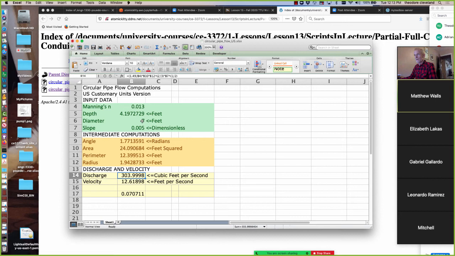And 7-foot diameter pipe at 4 feet deep still produces 12 cubic feet per second. And so we would have to explore some other ways of accomplishing that. Let's see what happens if I do 9.